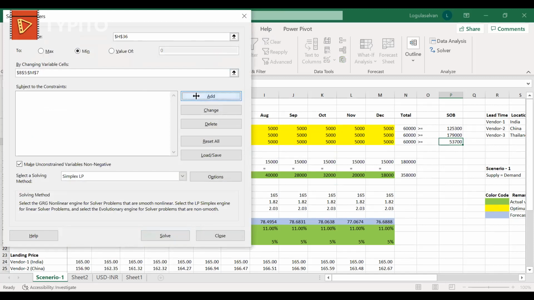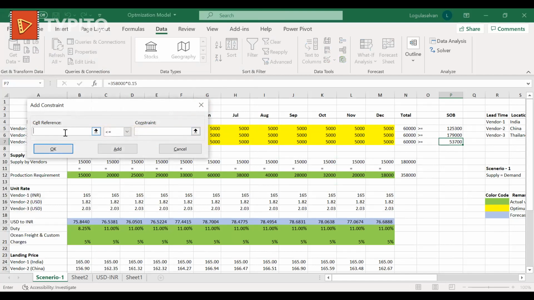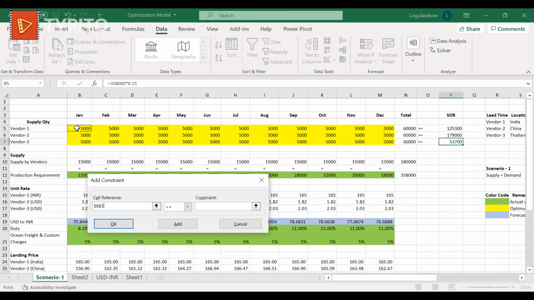Then I am going to add the constraints. First thing is quantity cannot be negative. So I am again considering this yellow highlighted region. As well, it has to be an integer. So I have selected it as an integer value. Then we have share of business: the total supply by each vendor has to be higher than or equal to the share of business committed.